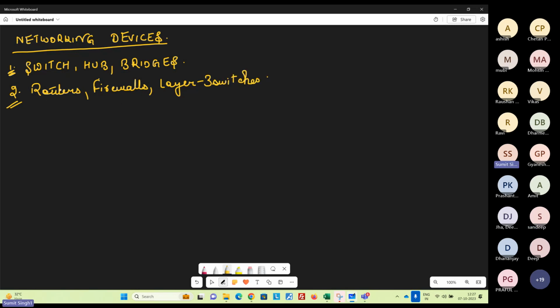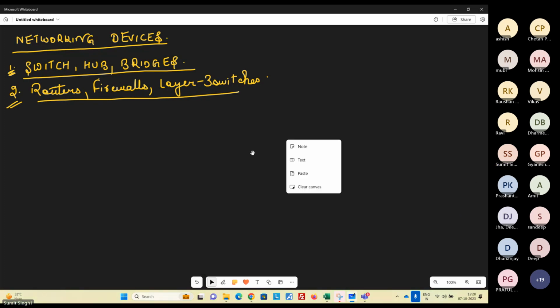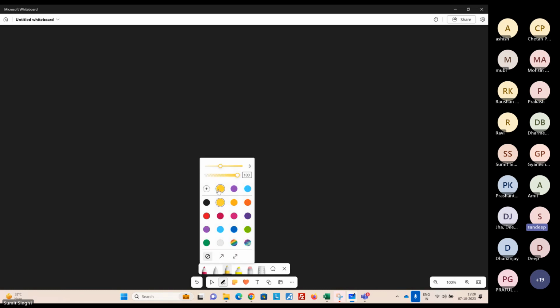So these are the devices we have. To understand them in a better way, in every batch of mine, I like to tell a story, guys, so that people can relate. Sir, in LAN, can we include access points and WLC also? Yes, you can. I'm talking about the major devices.